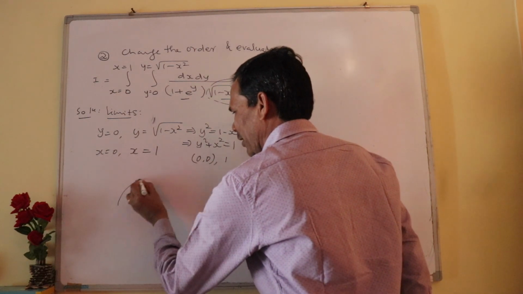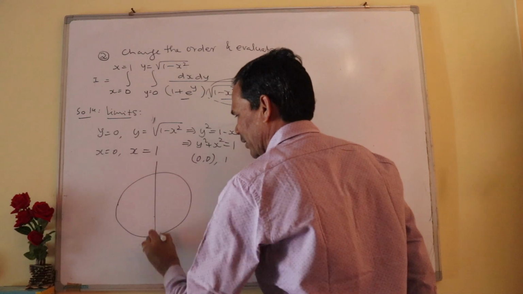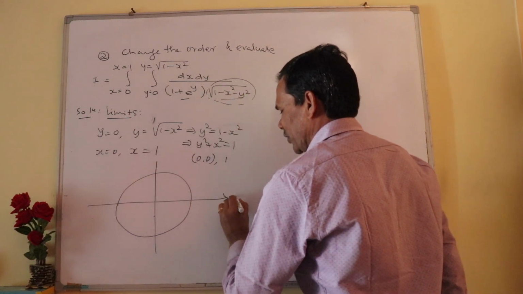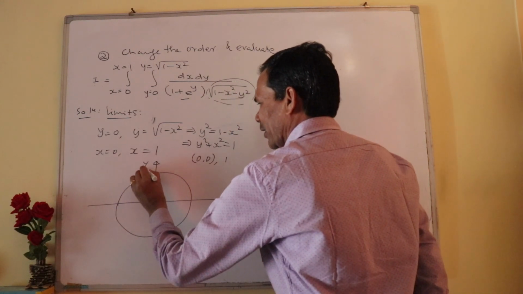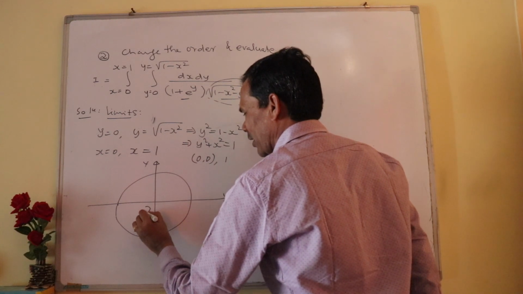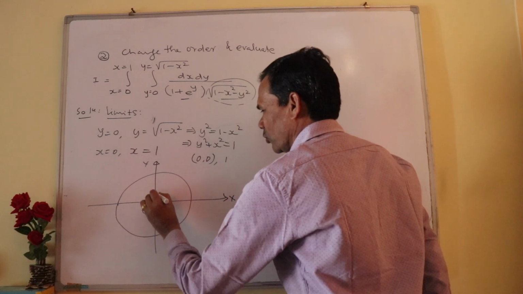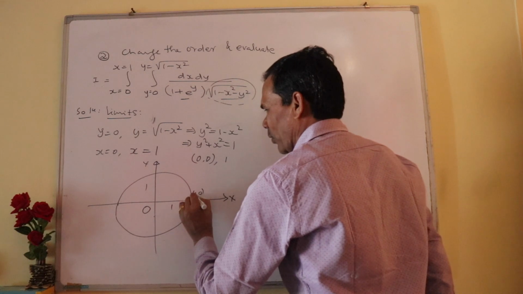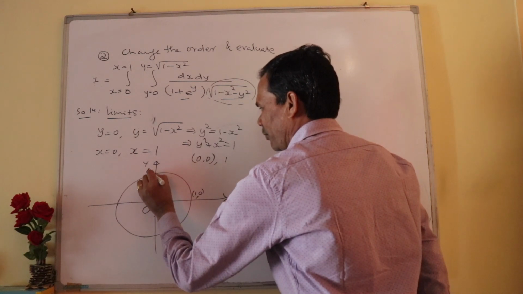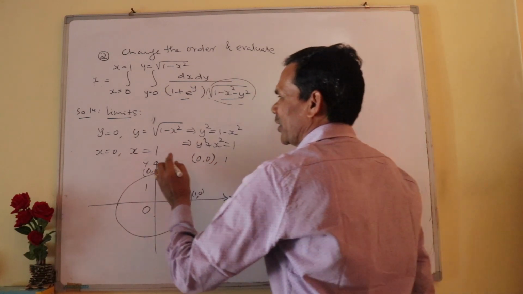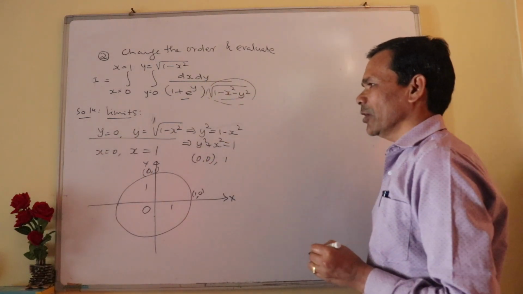I draw this circle here. It would be something like this. This is the x-axis, this is the y-axis, and this is the circle with center at 0, 0, radius 1. If you observe here, these are the limits over the strip or the line.